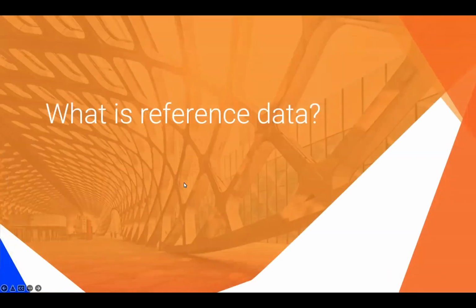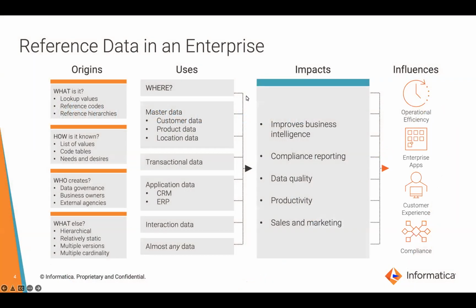So let's talk about what reference data is. If you were to broadly categorize the key business data in your enterprise, you would find that it falls into four categories. The first is transactional data, which might come from your applications or operational data sources.